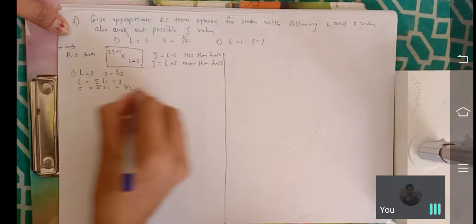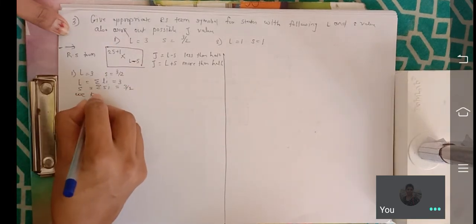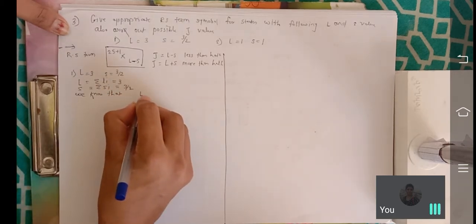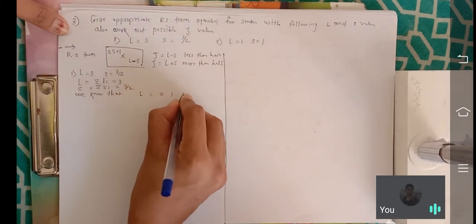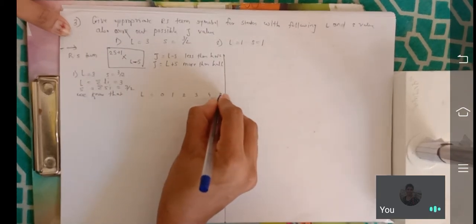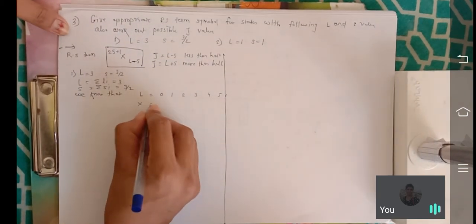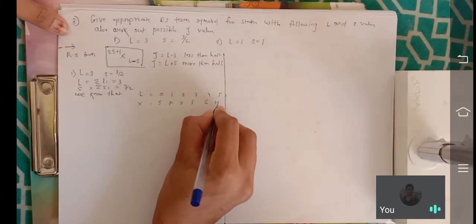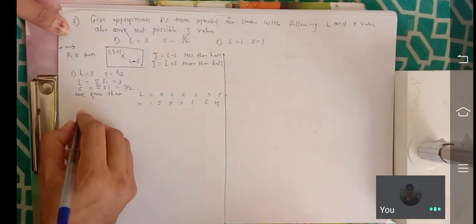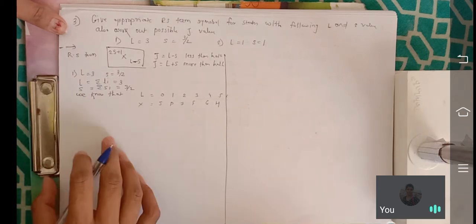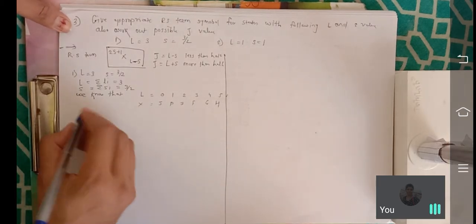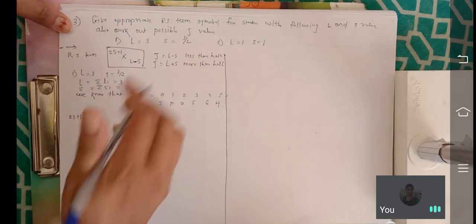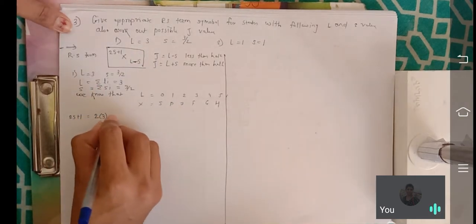We know that L is equal to 0, 1, 2, 3, 4, 5, 6, and X is S, P, D, F, G and H. Now you just put the value of S in twice S plus 1.